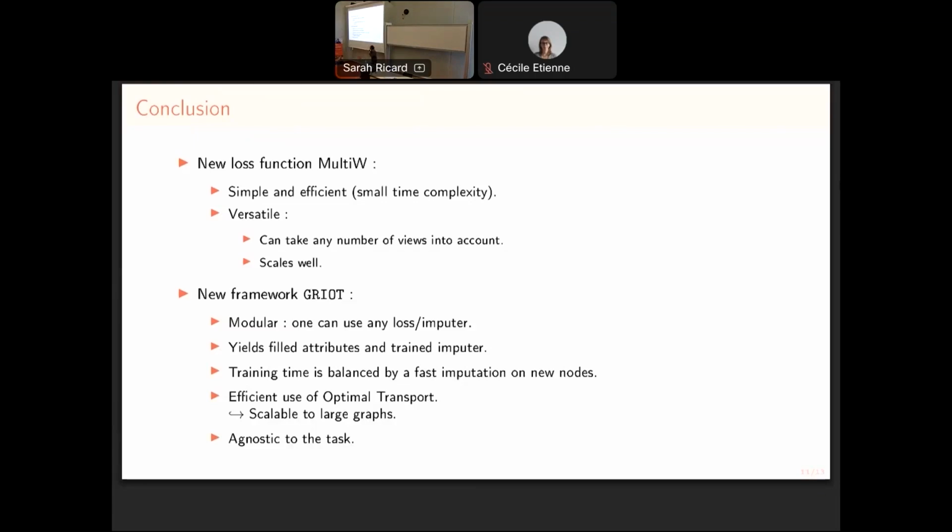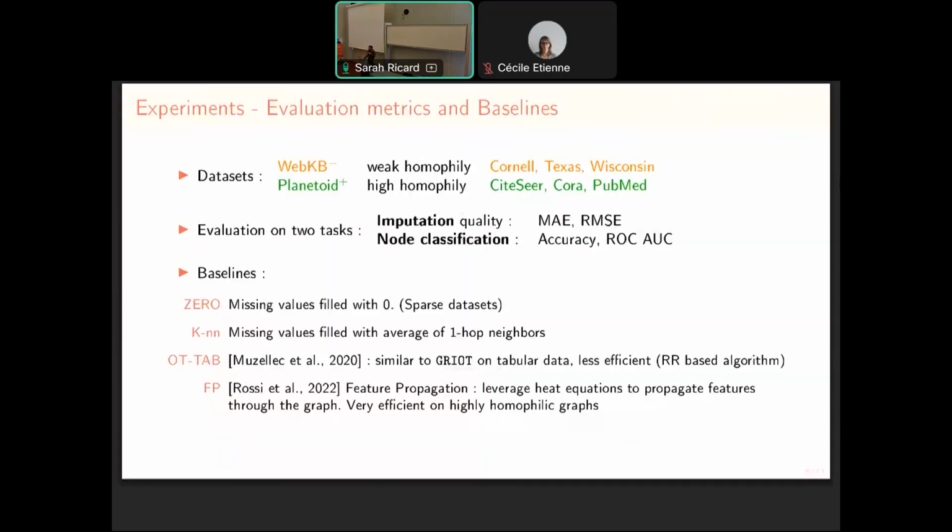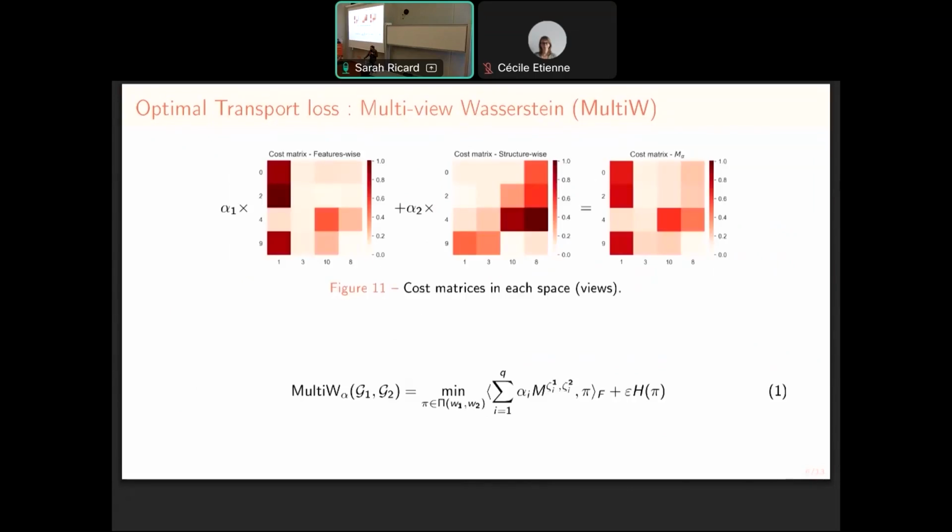So actually, it has all the same limitations as a classic Wasserstein trick, because it's basically a Wasserstein function with the aggregation of the different views. One limitation that I saw in practice was that sometimes optimal transport can be slow.